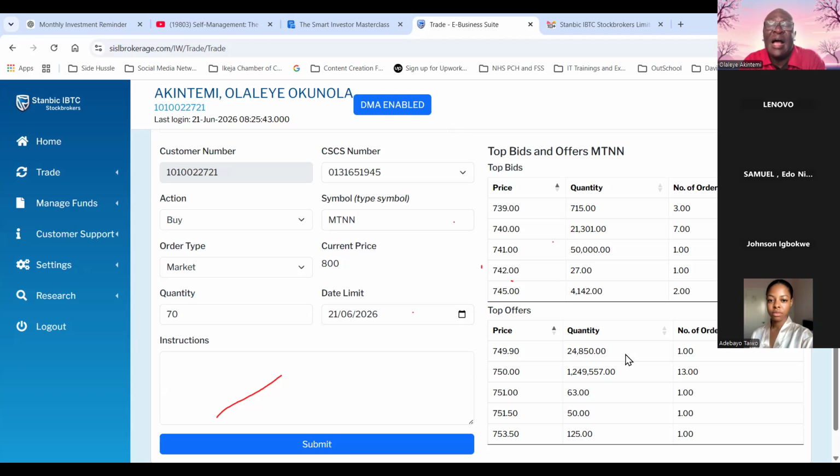So let's assume I now bid 748 naira, which is higher than the rest of them. Will it be sold to me at 748 naira? It can only be sold to you if somebody that is willing to sell adjusts the price to what you are offering. Exactly, you are correct.